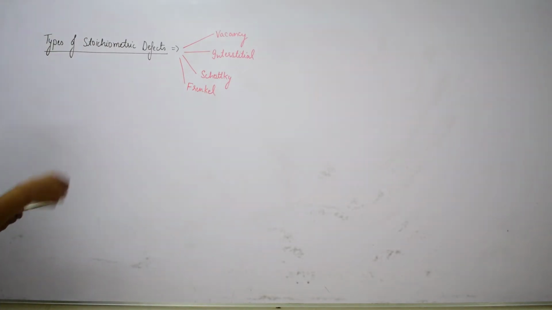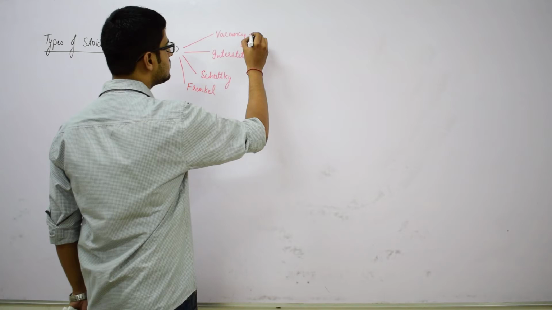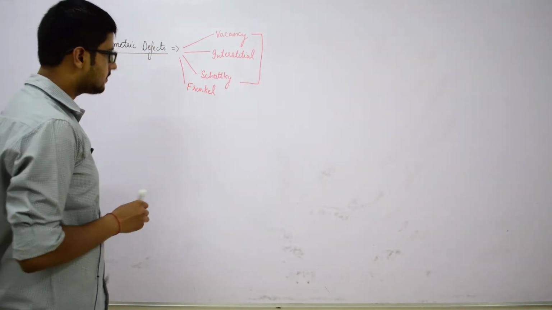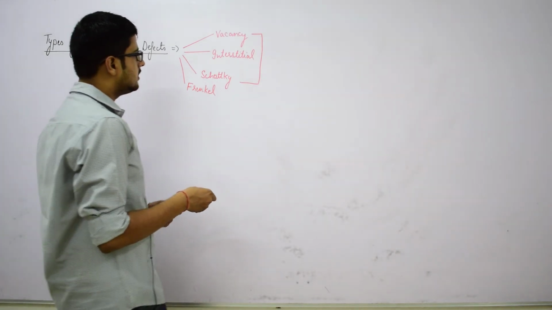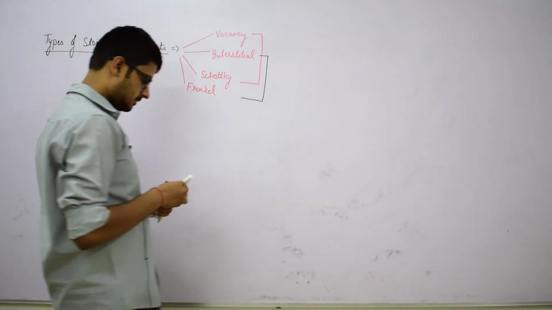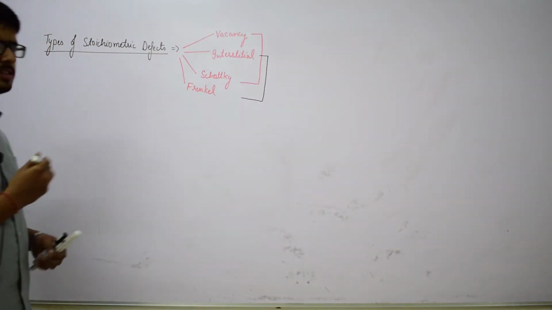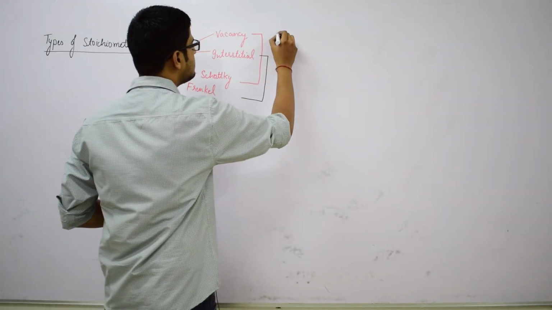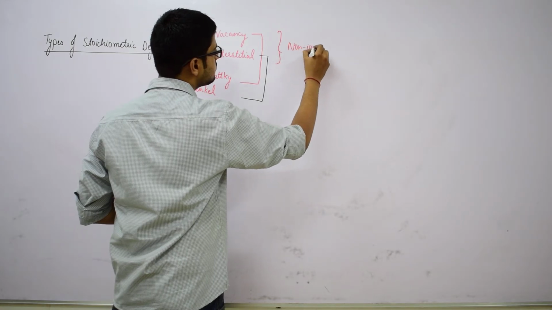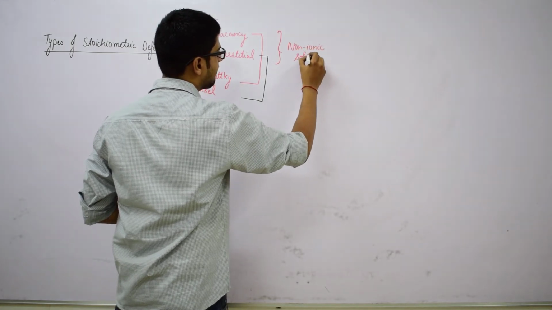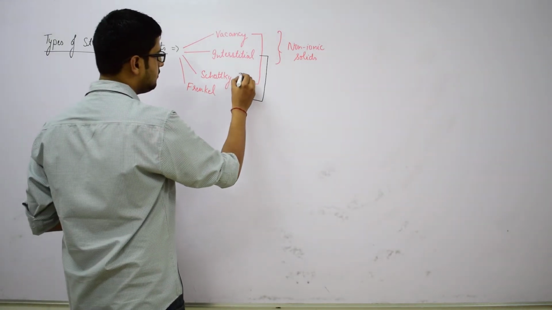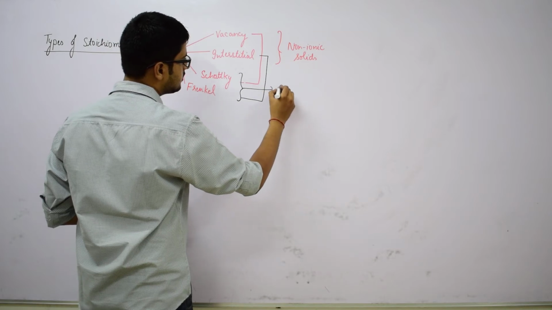Let us discuss all of them one by one. Vacancy defect is equivalent to Schottky defect and interstitial defect is equivalent to Frenkel defect. There is a slight difference, but more or less they are equivalent. Vacancy and interstitial defects are found in non-ionic solids, but Schottky and Frenkel defects are both found in ionic solids.